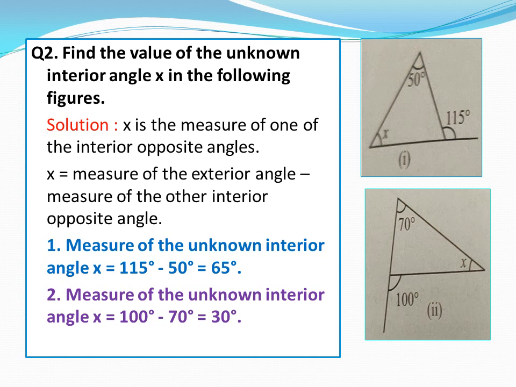The measure of the exterior angle is equal to the sum of the measures of the interior opposite angles. And here we have to find one of the interior opposite angles. For that, the measure of the exterior angle minus the given one of the interior opposite angles. So this way we can find both types of answers.